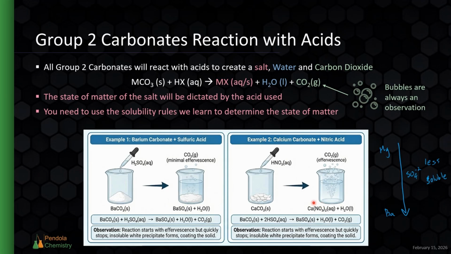And you know, this is a typo. It's going to be soluble. So the calcium nitrate that's created is aqueous, and so we don't get a solid here. The calcium carbonate reacts with the nitric acid to create calcium nitrate, which is aqueous, no solid, and we still get that carbon dioxide, so we get bubbling here.